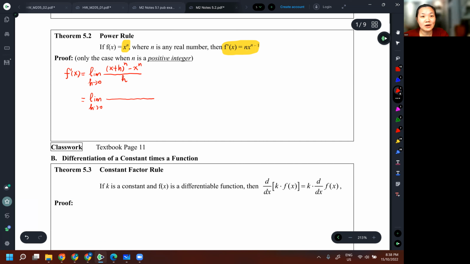Now I will use the binomial theorem to expand the whole thing. Do you remember that? It's x^n plus nC1 plus nC2 plus nCn minus x^n.